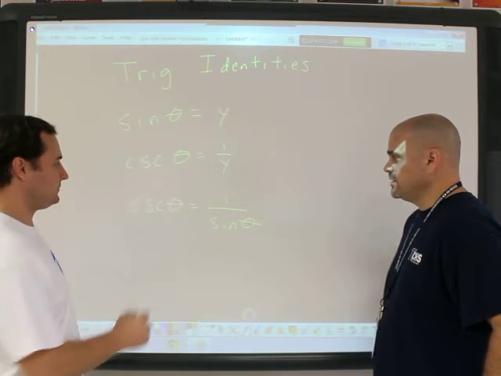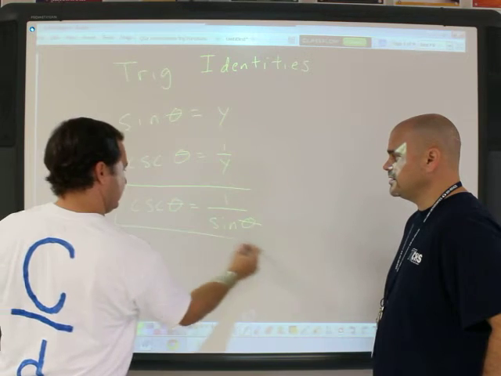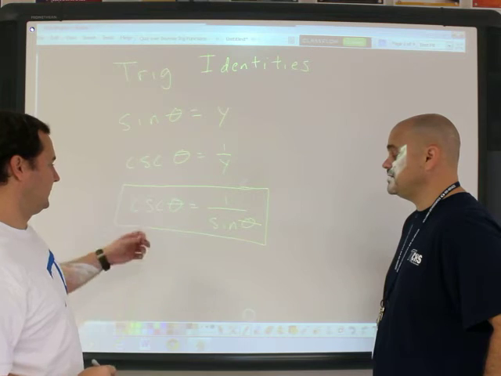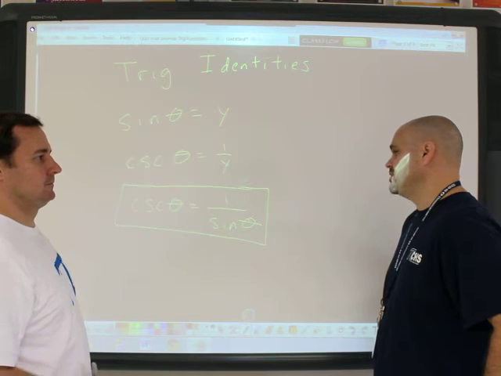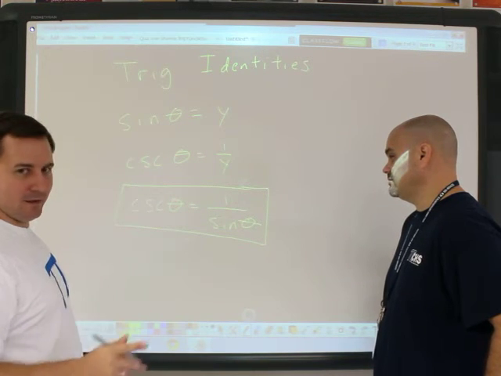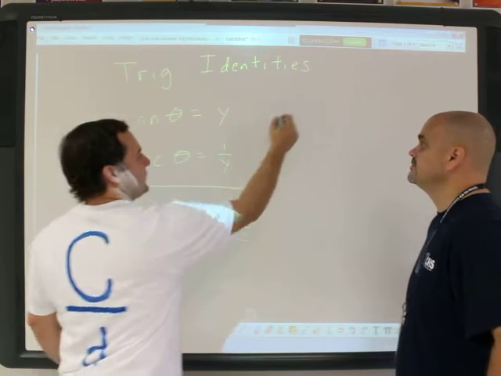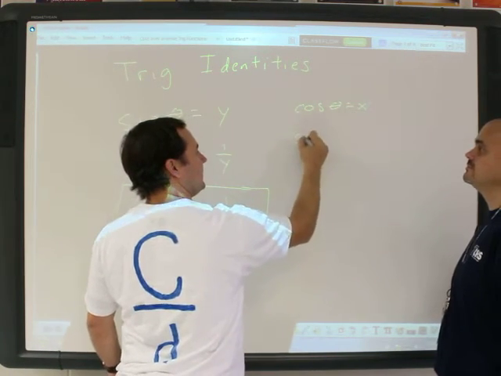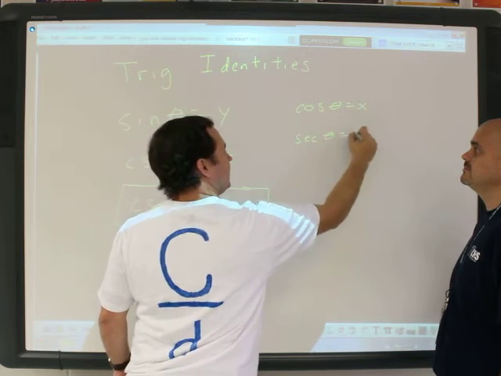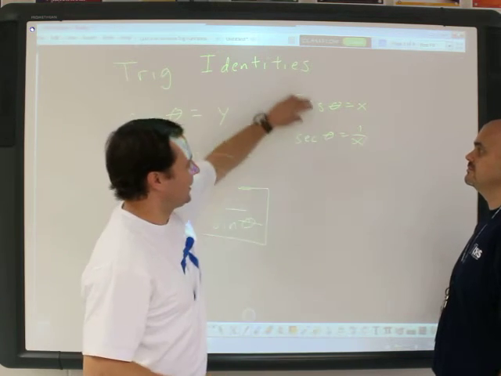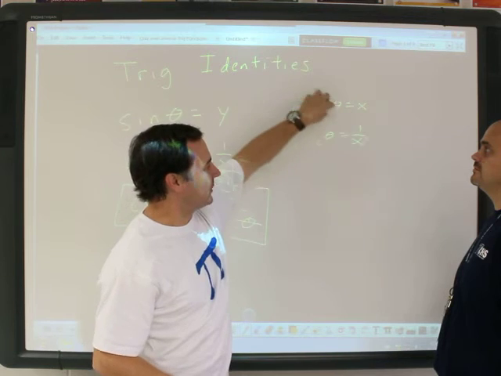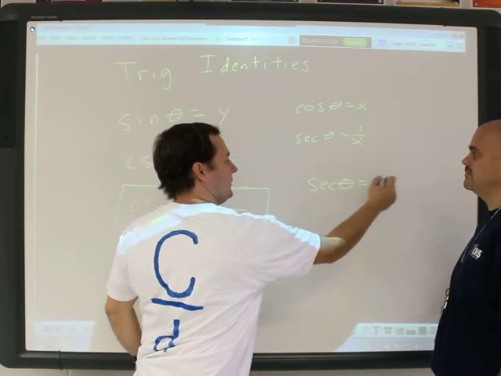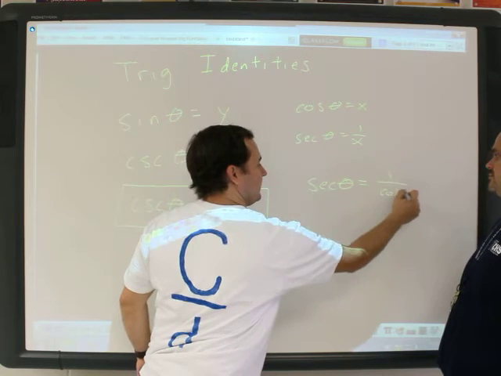So I'm thinking cosecant is equal to 1 over sine, and secant must equal 1 over cosine? It is. Since cosine is x and secant is 1 over x, I can plug cosine, which is equal to x, into that x, and I get secant equals 1 over cosine.